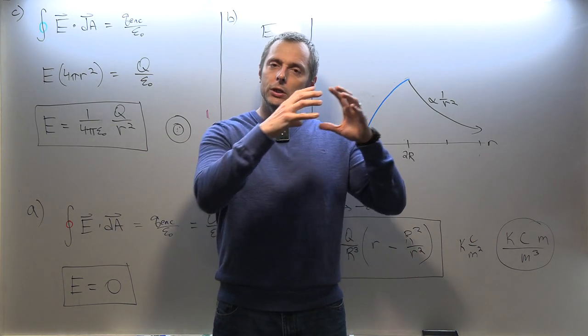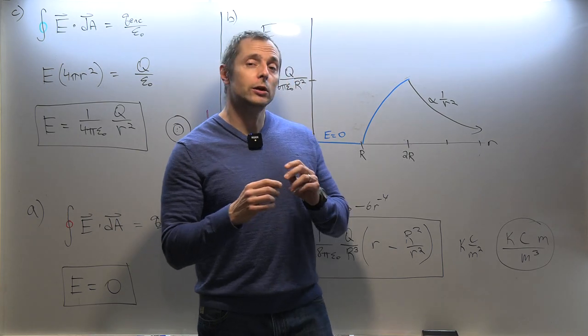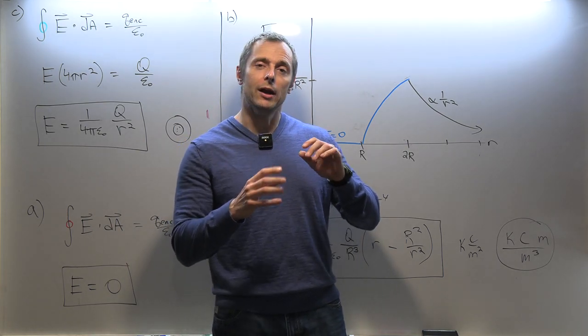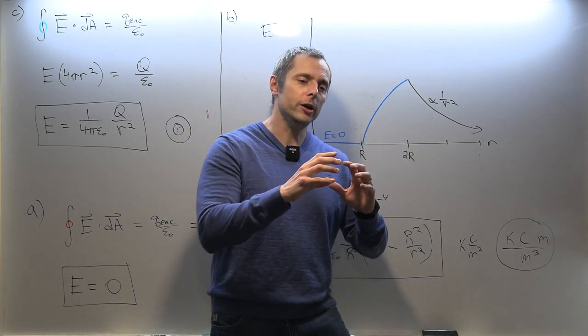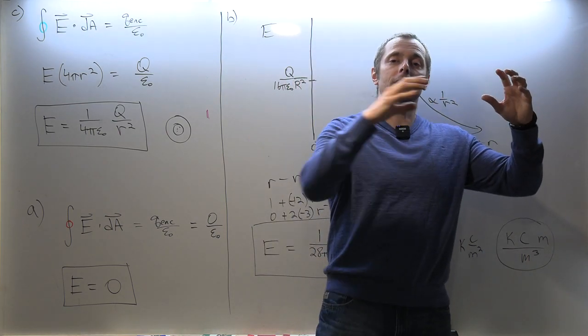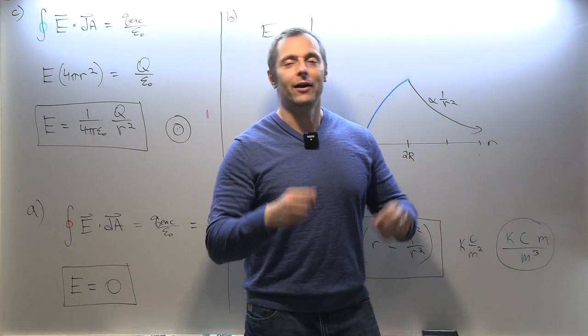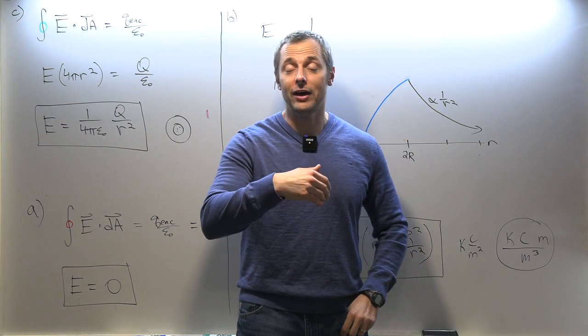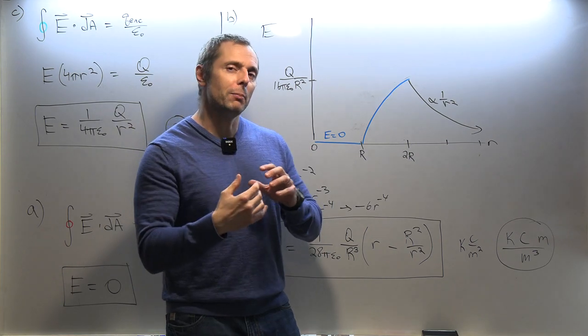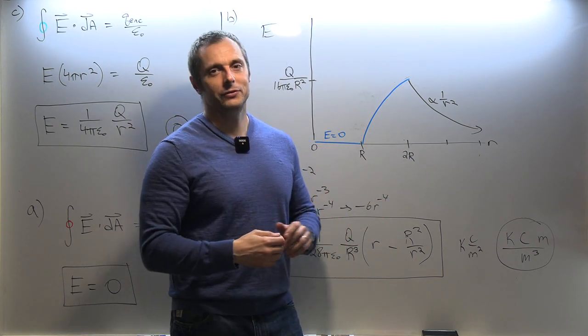And then we do Q enclosed over epsilon 0. And the Q enclosed can sometimes be the tricky part. Total charge over total volume times the volume, giving us altogether coulombs inside our Gaussian sphere. And then the left side, E times 4 pi R squared, all the time with spheres.